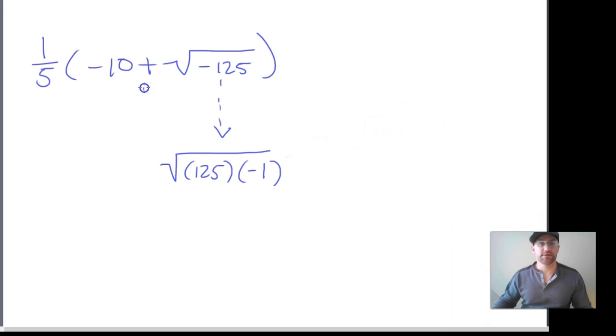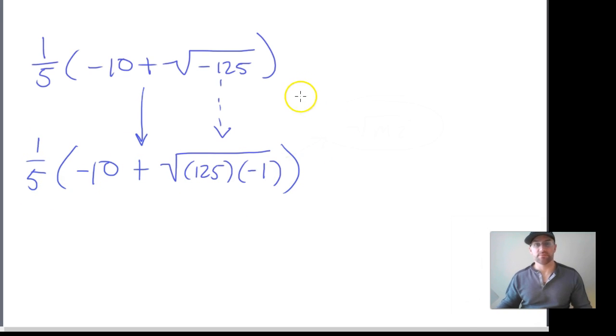All right, let's bring down the rest of the problem. So we have a positive, and we have a negative 10, and then we have this 1/5 in front of the parentheses, kind of the coefficient of the parentheses if it were a variable term. So we have 1/5 (negative 10 plus square root of 125 times negative 1). We're rewriting this for the purpose of learning, okay?